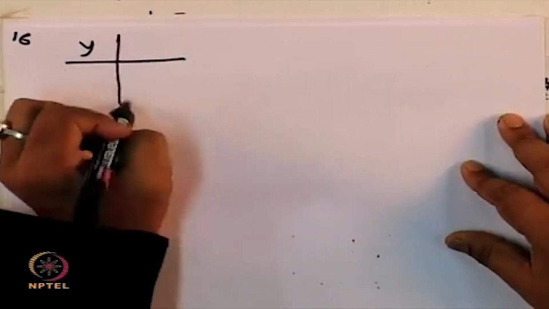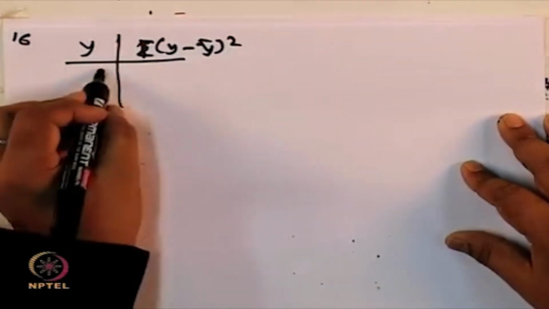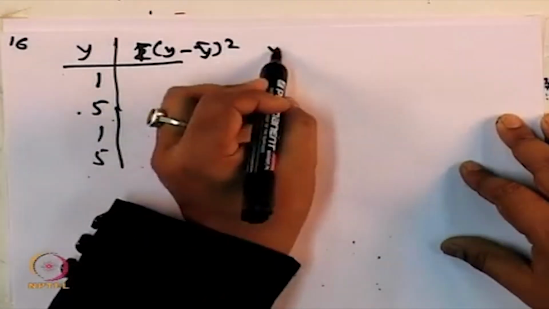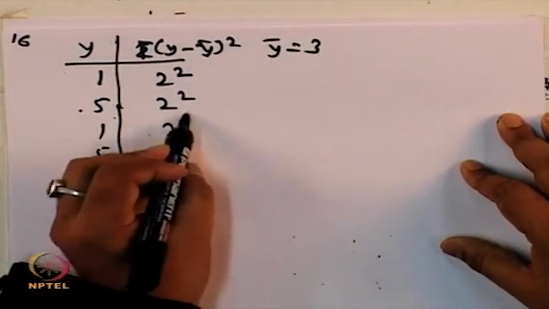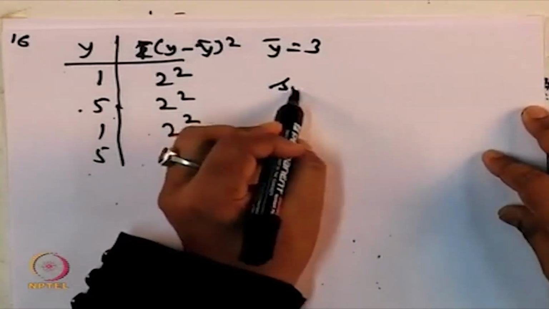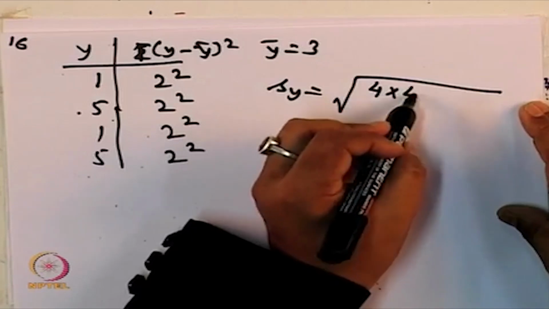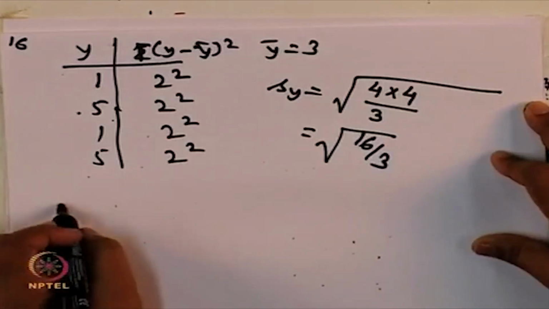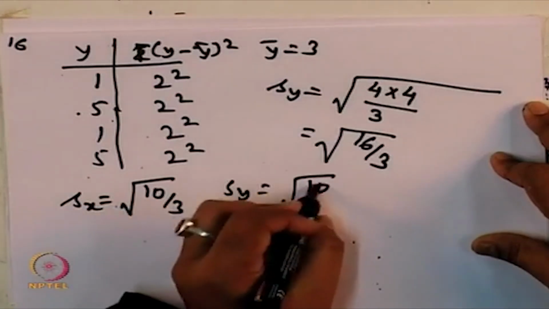Sx is root of 10 by 3. I can do the same thing for y. The summation of (y minus y bar) whole square: I have y values 1, 5, 1, 5, and y bar is 3, so the deviations are 2 square, 2 square, 2 square, 2 square. So, Sy should be the root of 4 into 4 by 3, which is 16 by 3. Okay. So, we have Sx equal to root of 10 by 3 and Sy equal to root of 16 by 3.